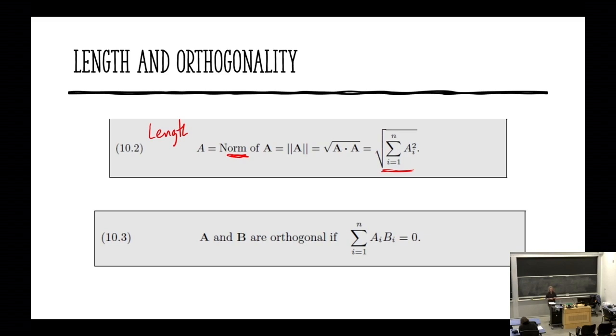All right, and then we say that two vectors are orthogonal, so perpendicular, if their scalar product, which is AB cosine of pi over 2, is 0.